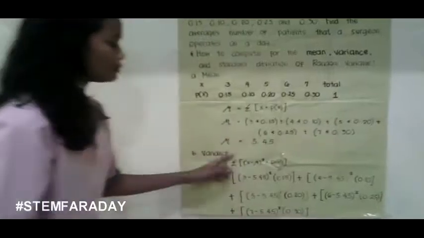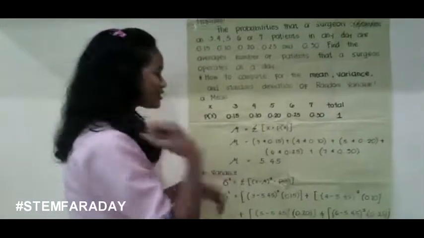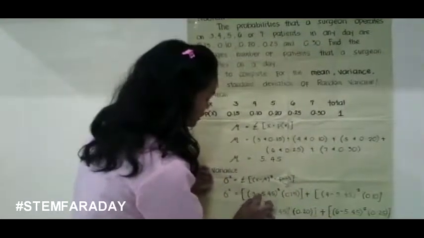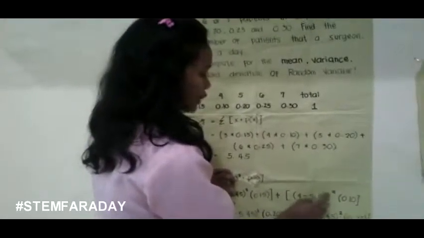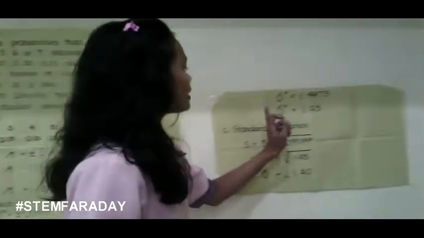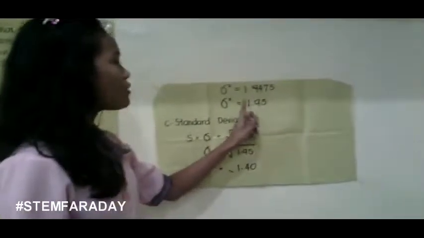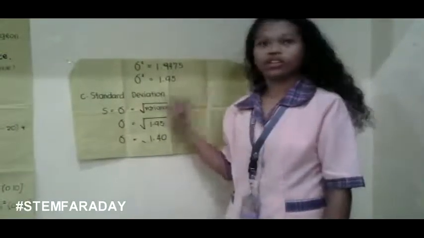So the substitution is 3 minus 5.45 squared times 0.15 plus 4 minus 5.45 squared times 0.10, and so on and so forth. So the answer for the variance is 1.95.